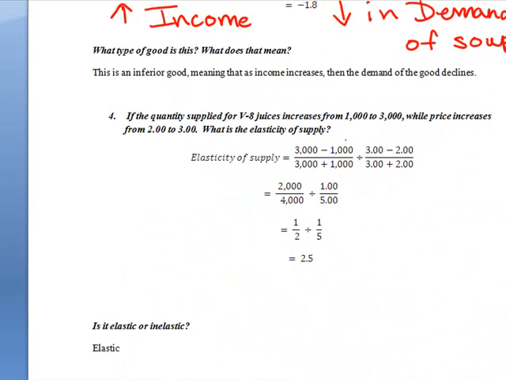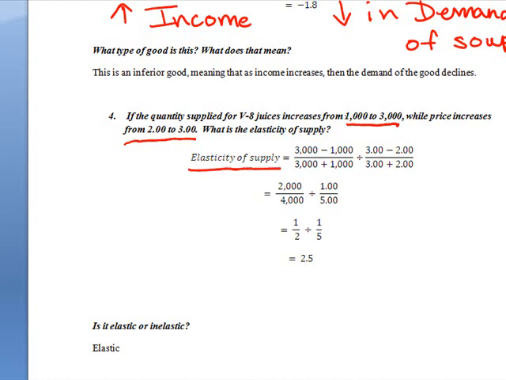From 1,000 to 3,000 V8 juice, and I saw that this was happening as price was going up. This is supporting the elasticity of demand, but how elastic or inelastic is the supply is what we want to know.